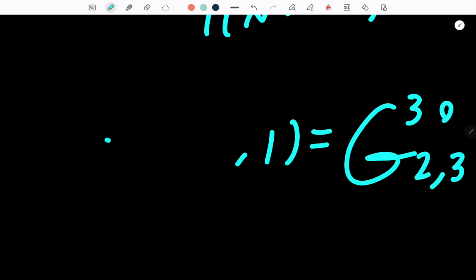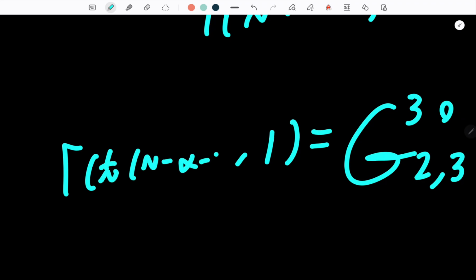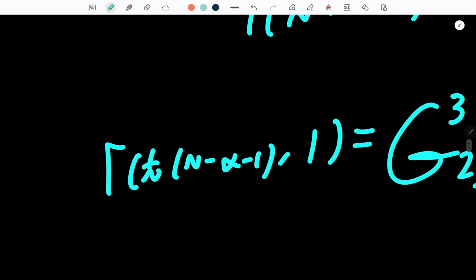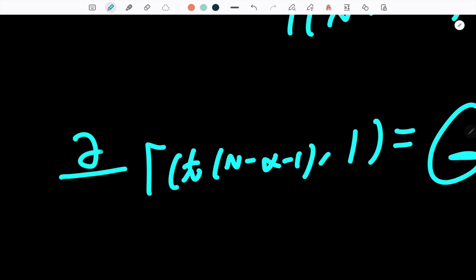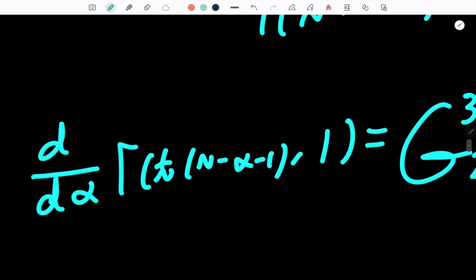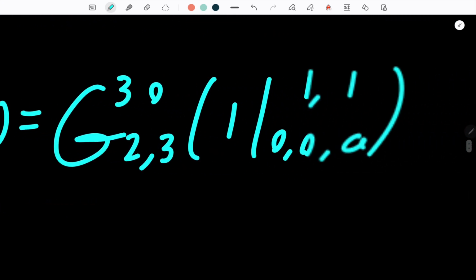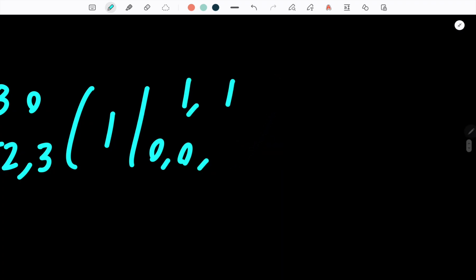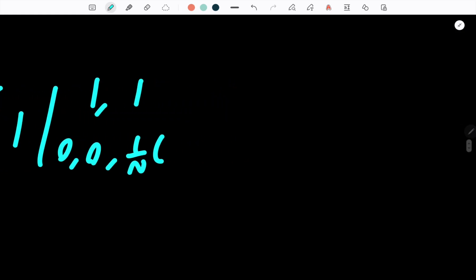We'll have a gamma of 1 over n times n minus alpha minus 1, and the derivative with respect to alpha. I guess we really don't need the partial anymore. Now, instead of just a over here, we'll have a 1 over n times n minus alpha minus 1.